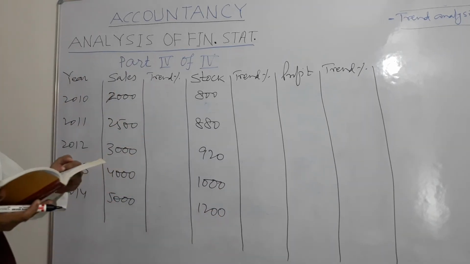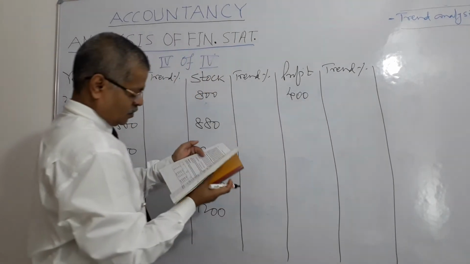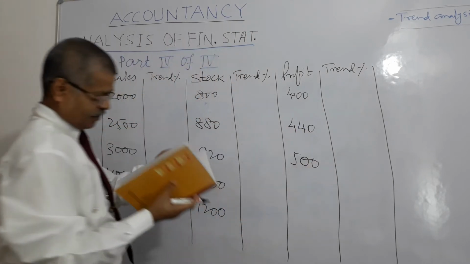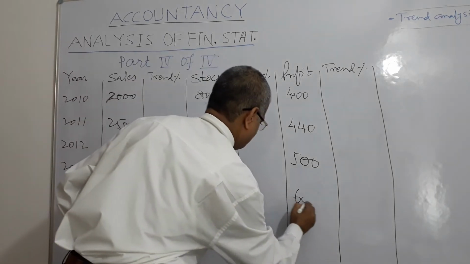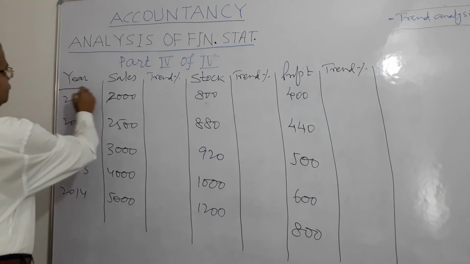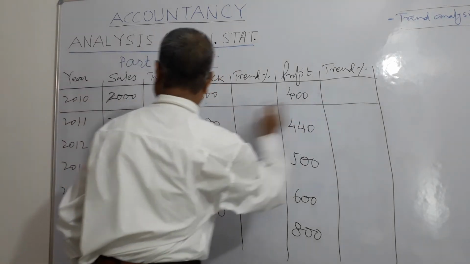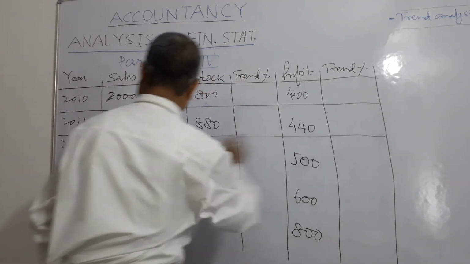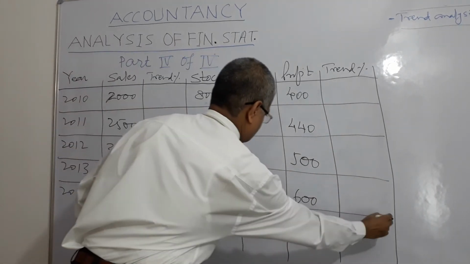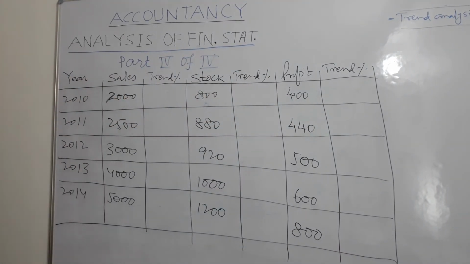The third one, profit: 400, 440, 500, 600, 800. Right? Our work is done.